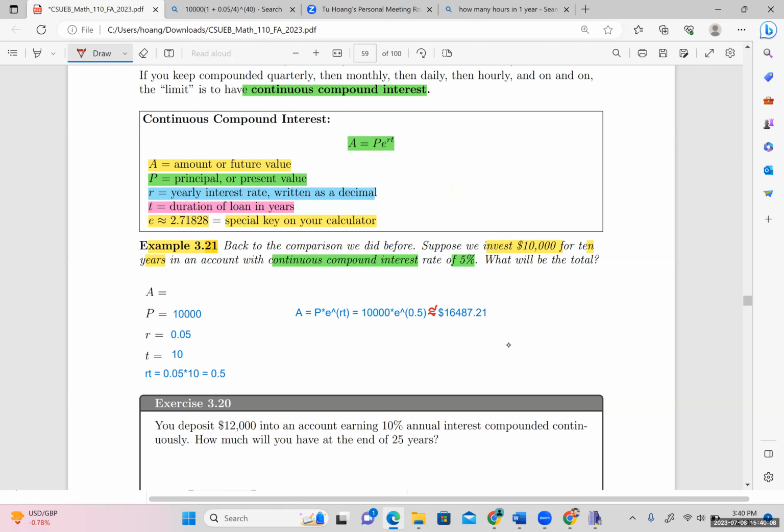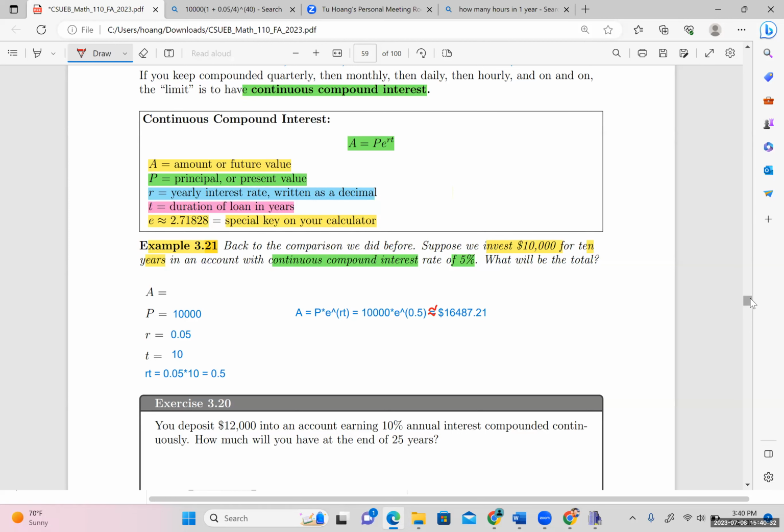So that's the continuous compound interest, and that's going to be the maximum future amount, with the highest compound interest offer.